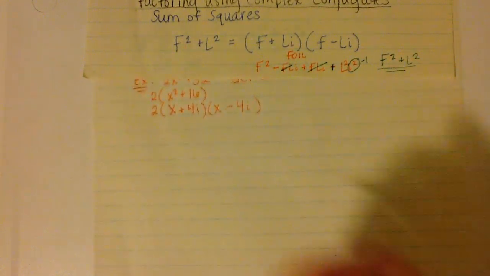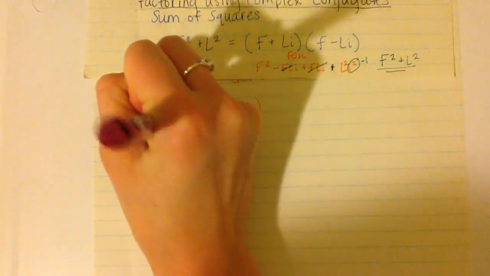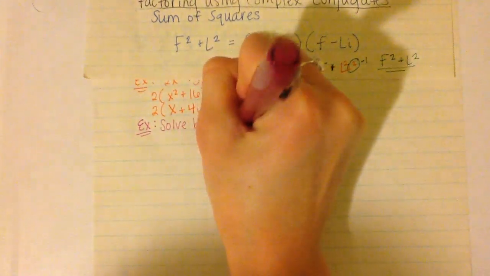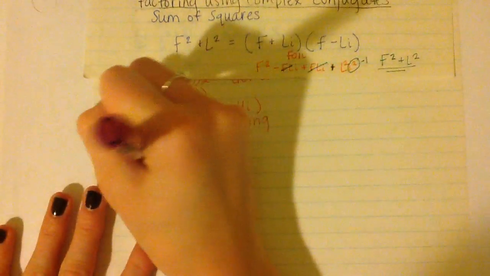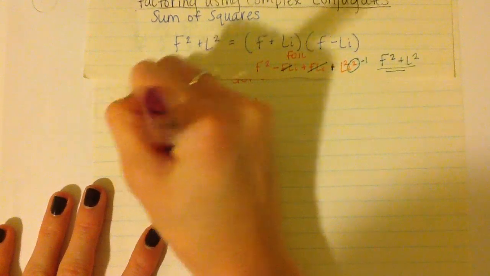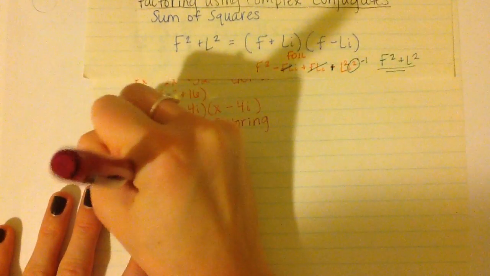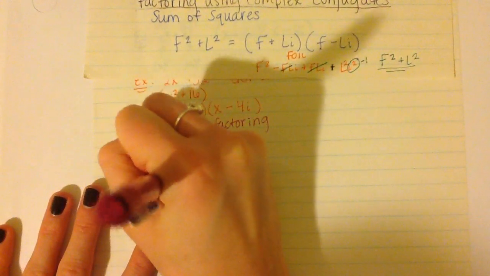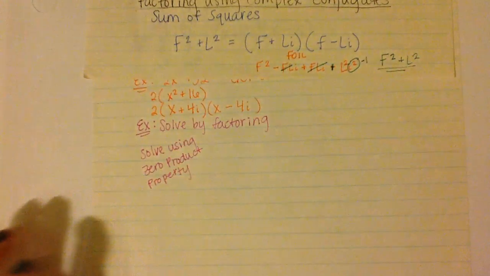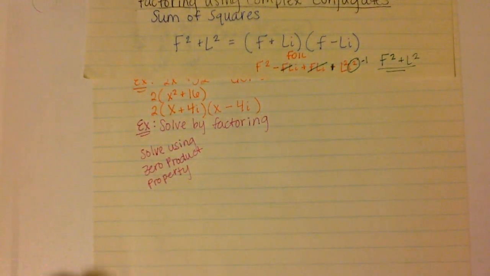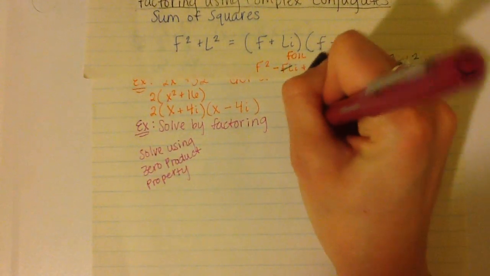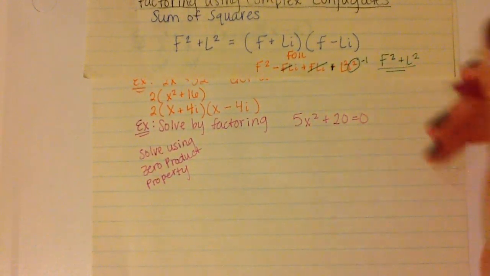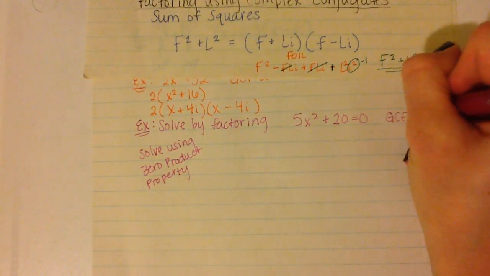Alright, let's do an example where we solve by factoring. So when we do this, we're going to solve using the zero product property. So this is where we set them equal to 0. So for example, we have 5x squared plus 20 equals 0. So looking at this, we have a GCF of 5.